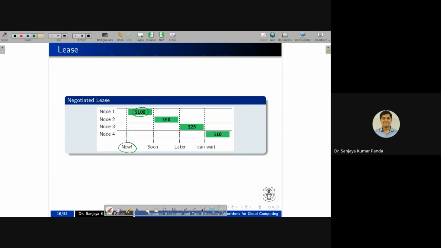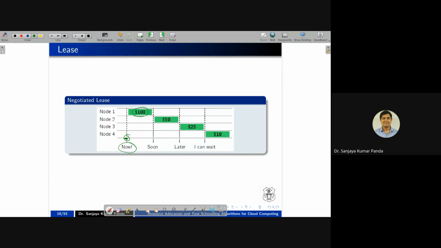But your cloud service provider sees that at this particular period of time it has to provide the resources, but due to some unforeseen or unavoidable circumstance, it is not going to provide them. Maybe another lease arrived which offered a very high amount.